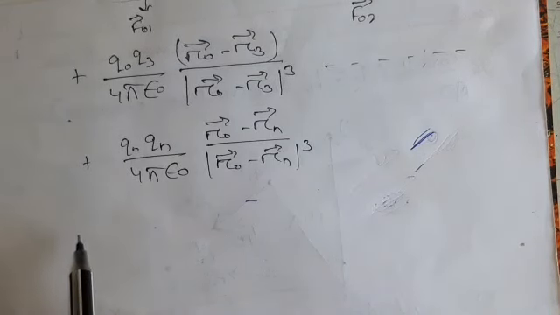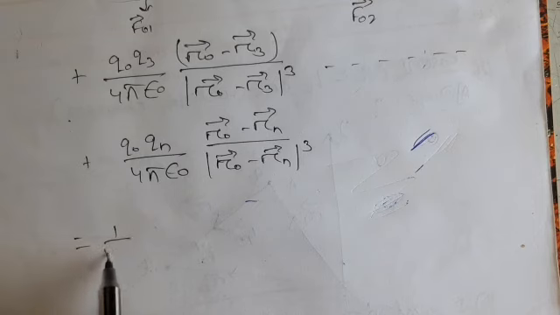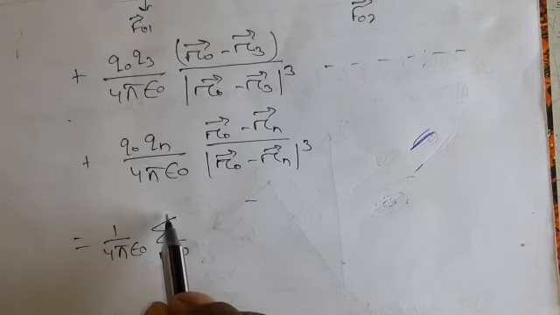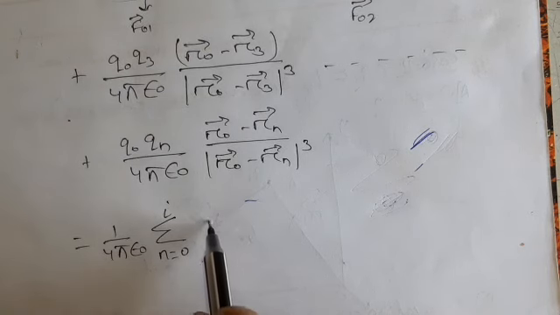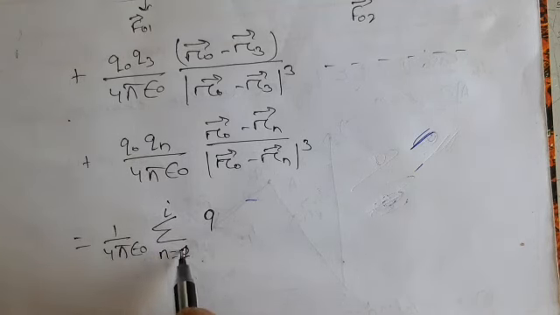Okay, or I can write, 1 by 4 pi epsilon naught, summation with i equal to 1 to n.